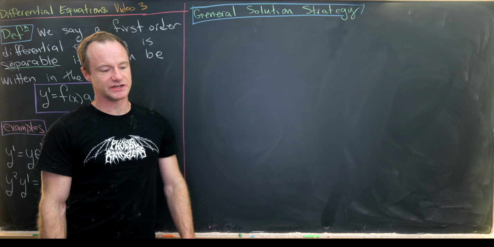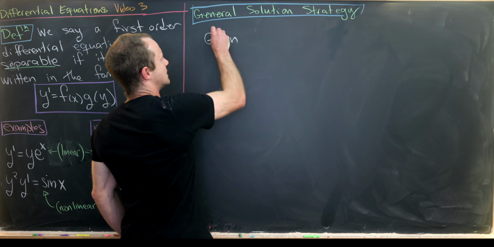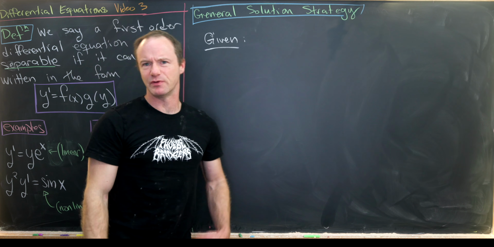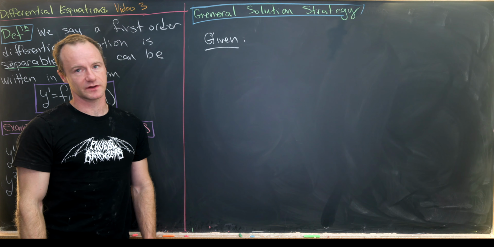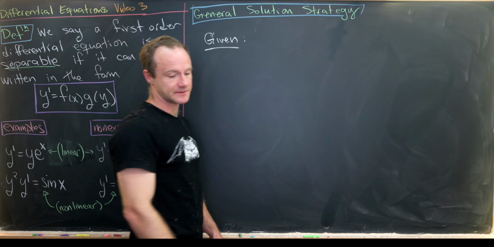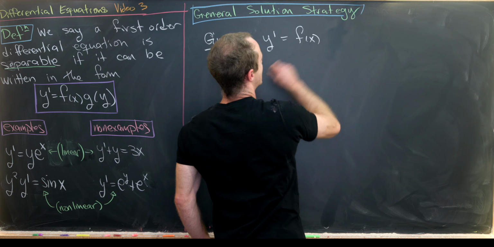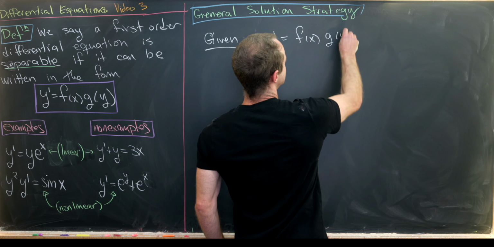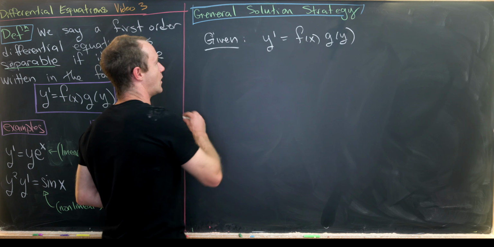Okay, so let's talk about a general solution strategy here. This is maybe a really classic type of differential equation. In fact, if you've taken an integral calculus class, it's likely that you've learned this solution strategy. Let's say we are given a separable differential equation, y prime equals f of x times g of y. And then I'm going to introduce a new function that's built out of y.